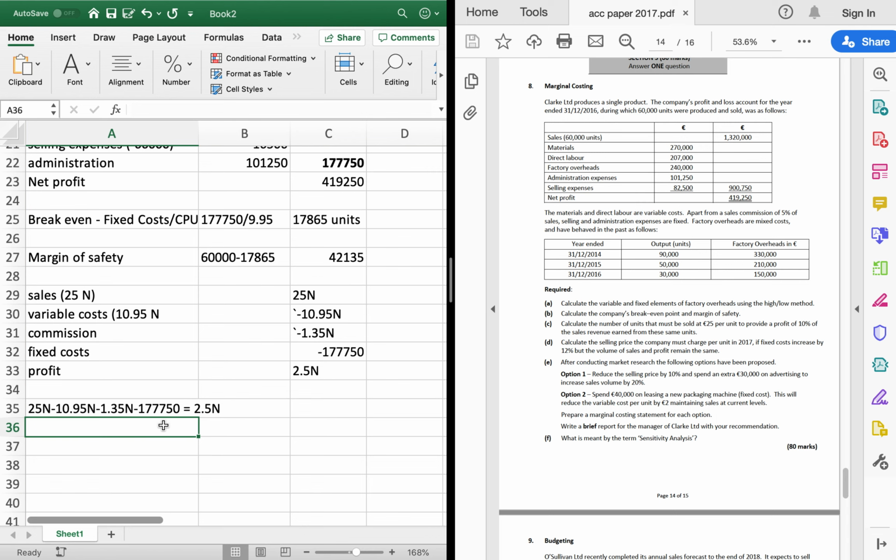So if we just work out those sums, bring all the numbers to one side, so take minus 2.5 away and bring the 177,750 to the other side.